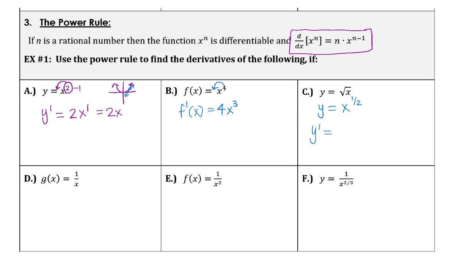So I have 1/2 x, and now I need to subtract 1. 1/2 minus 1. A shortcut to this. You're really saying 1 minus 2 and putting it back over 2. What's 1 minus 2? It's negative 1 over 2. Quick way to do that.